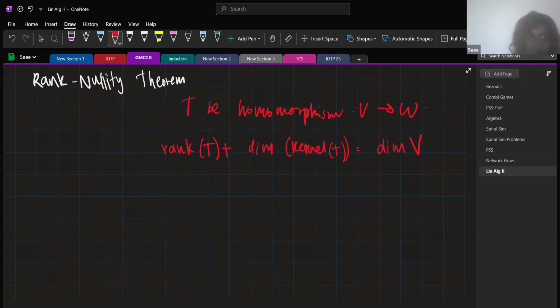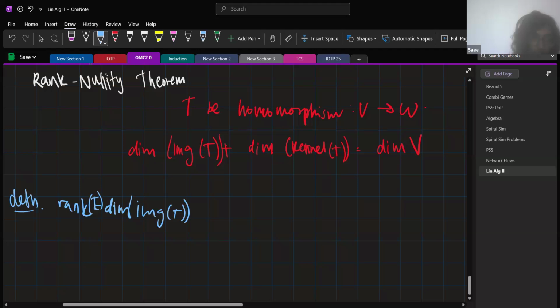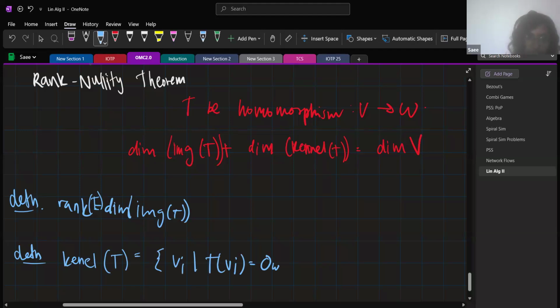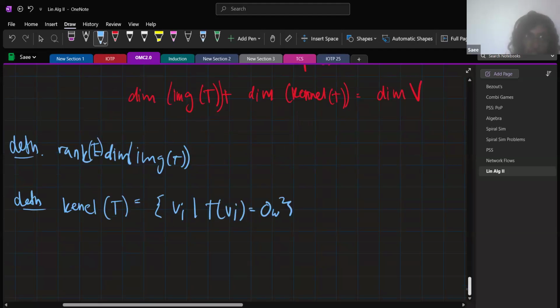The rank of T is just the dimension of the image of T. Some side note, definition: rank of T is the dimension of the image of T. Just to recap, the kernel of T is the set of all vectors Vi such that T of Vi maps to 0 in W. That's what the kernel is.